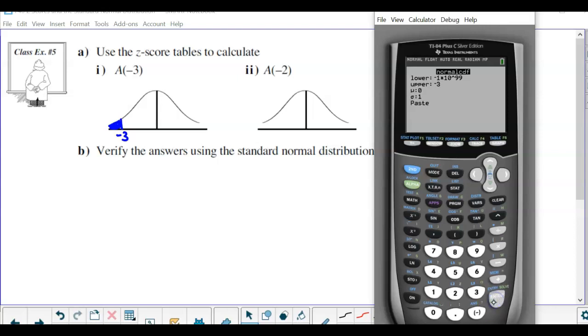Sigma is 1. Those are the default settings. And then notice what happens here. If I go paste, that's what those of you that do not have the prompts should have entered into your calculator. I'll come around for those of you that have different ones. And then you can just press enter on that if you want.